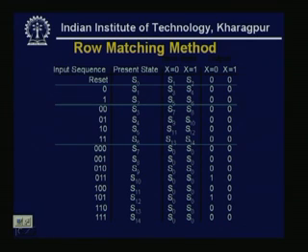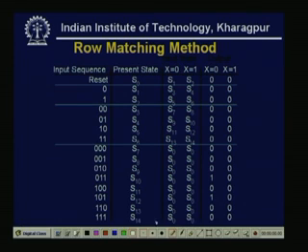So, if we look again at that odd parity checker, see that these are the input sequences and the present state, and all the possible inputs we get.